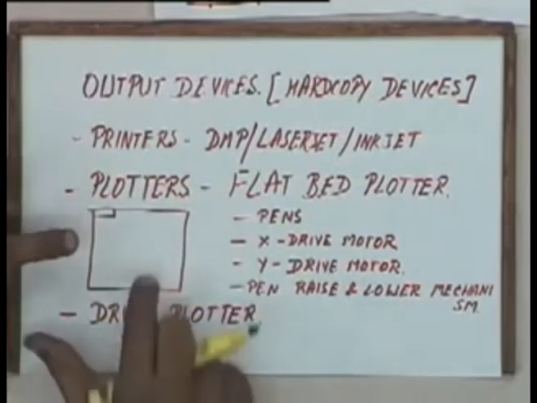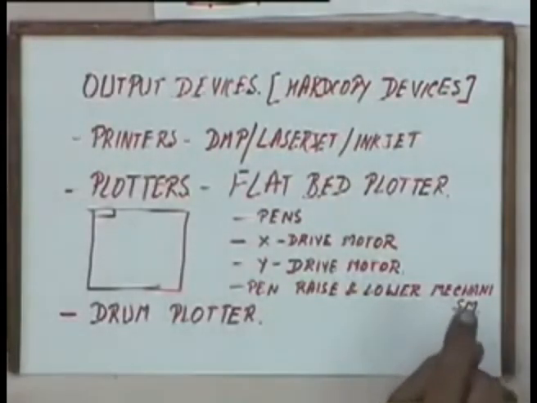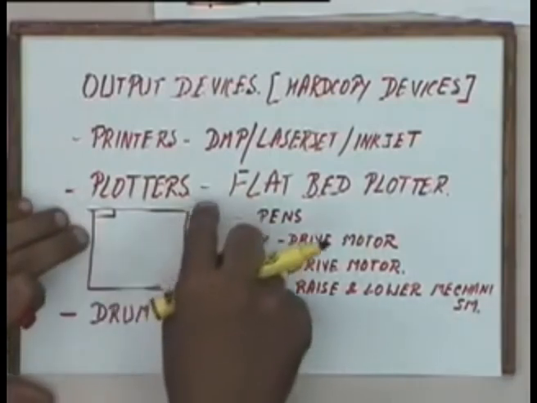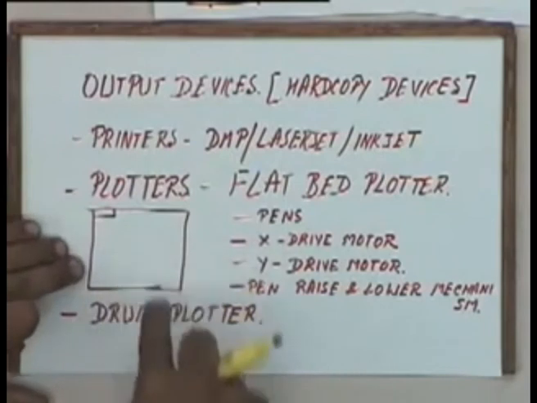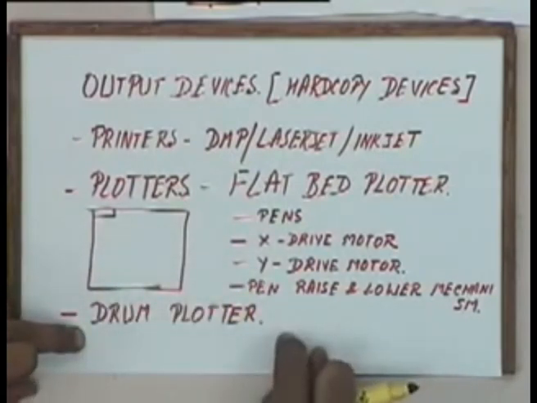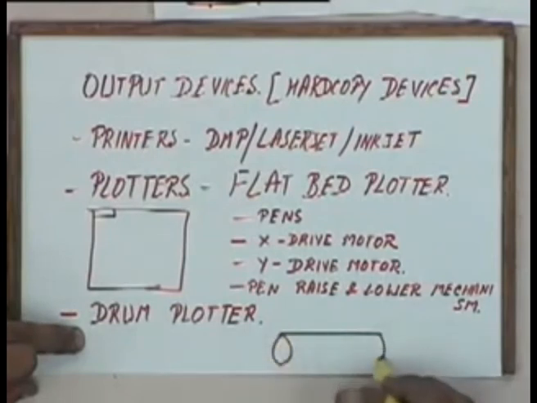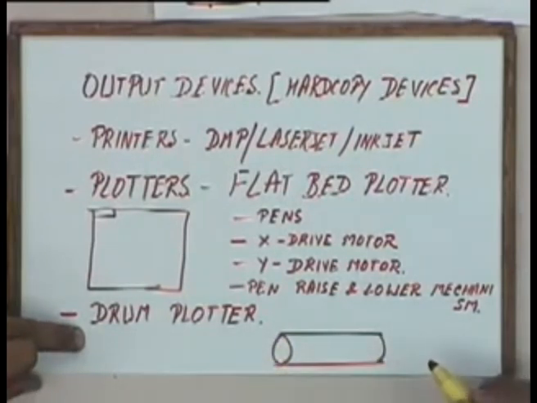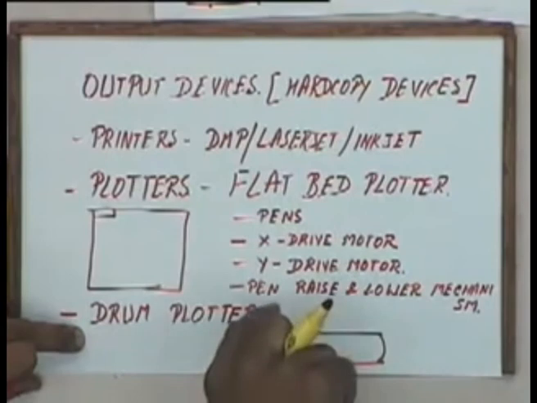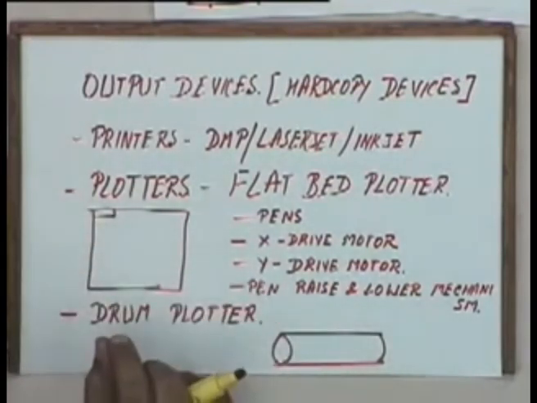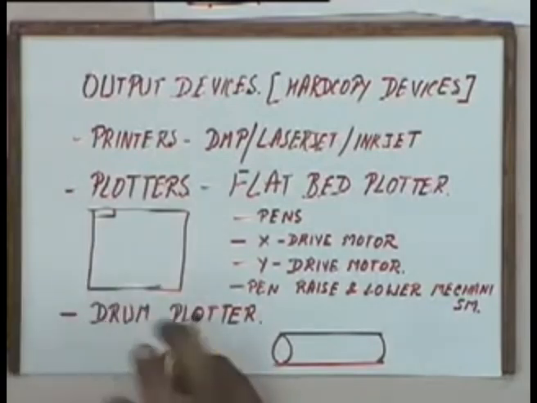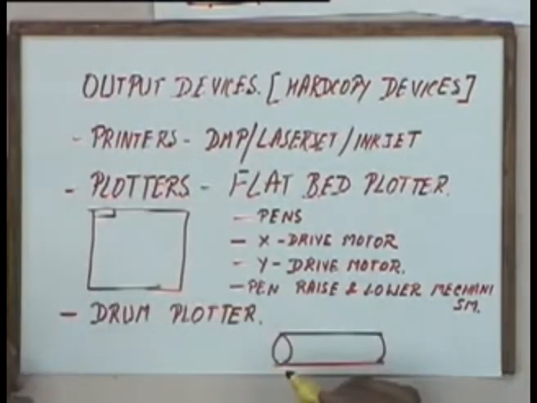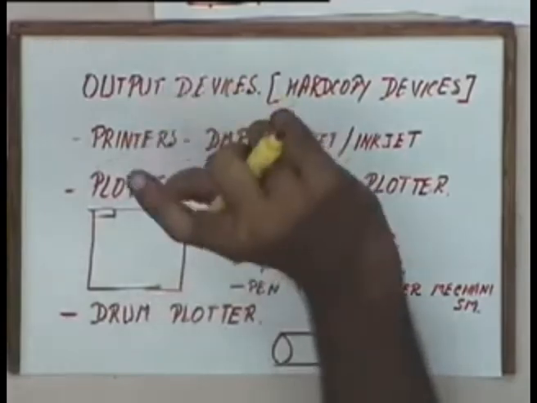So in this case, essentially the paper is fixed onto the table, and the pen can move in the x and the y direction. In the case of a drum plotter, you have a drum. On this drum, the paper is fixed. The paper can hang on both sides, and it is fixed on this. The drum can rotate.